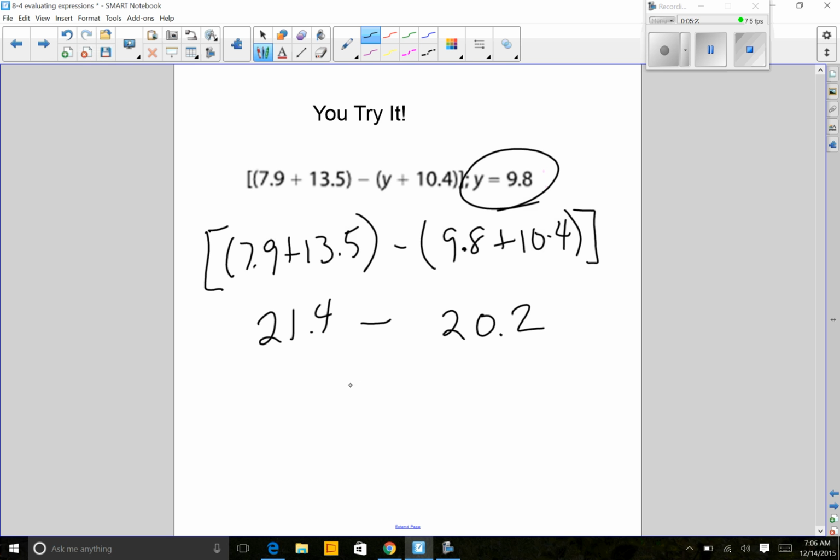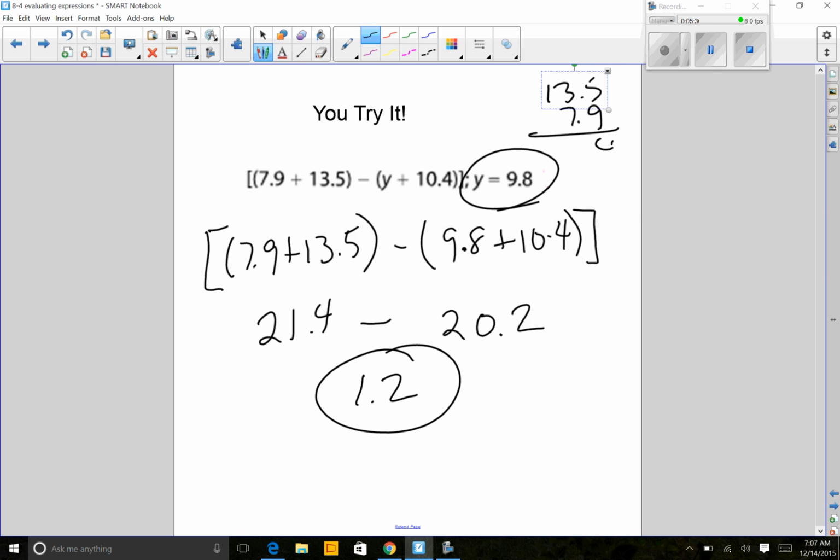And I'm sure you'll tell me in the morning if I didn't, and that would be 1 and 2/10. So I got 1 and 2/10. All right, let me just check. 7.9. Remember, we have to line these up. 21 and 4/10 looks like it's right. And 9 and 8/10 and 10 and 4/10. See how I line those up? I don't care that I put this bigger one on top because it's addition.